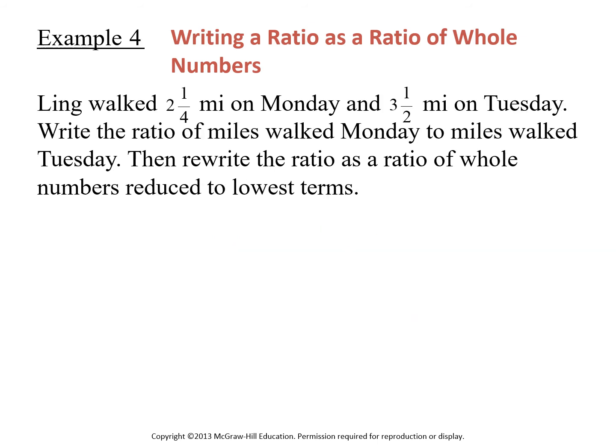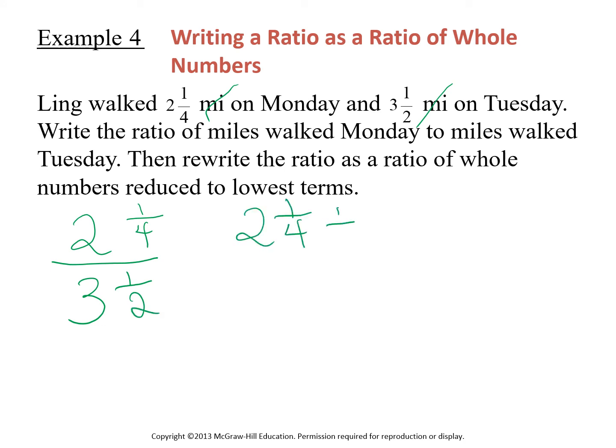Ling walked 2 1/4 miles Monday, 3.5 miles on Tuesday. Again, the miles will cancel. The ratio of miles walked Monday to Tuesday is going to be 2 1/4 to 3 1/2. So we have to do 2 1/4 divided by 3 1/2. Change these to improper fractions.